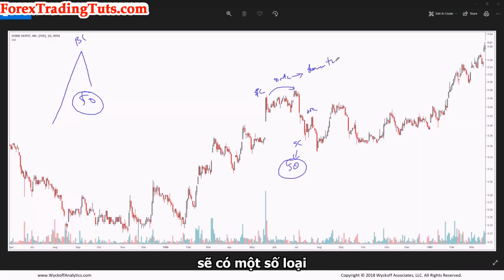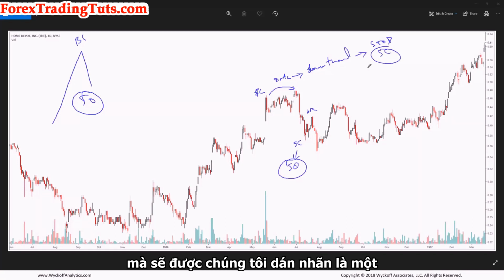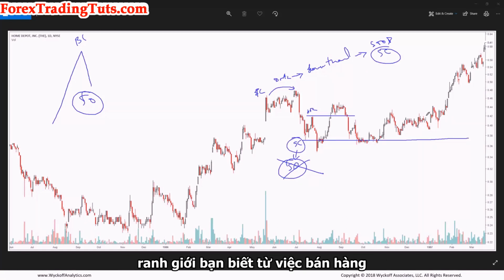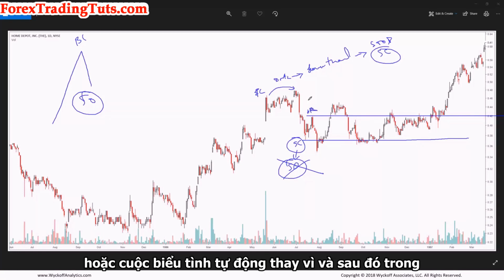That there's going to be some kind of downtrend that's going to come, and the downtrend is going to be concluded with the stopping action, which we label as a selling climax. So my preference in this particular case would be just to label this as a selling climax and extend the boundaries from the selling climax and from the automatic reaction, or automatic rally, rather.